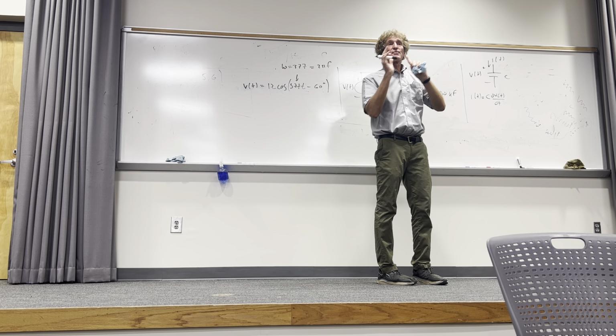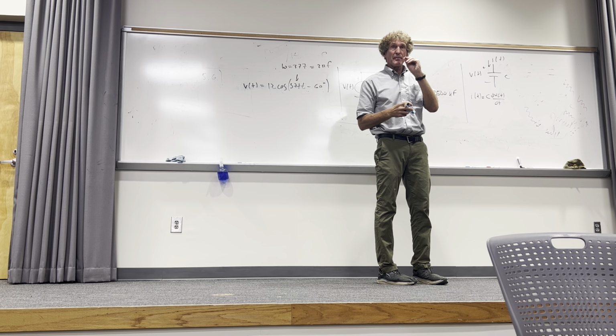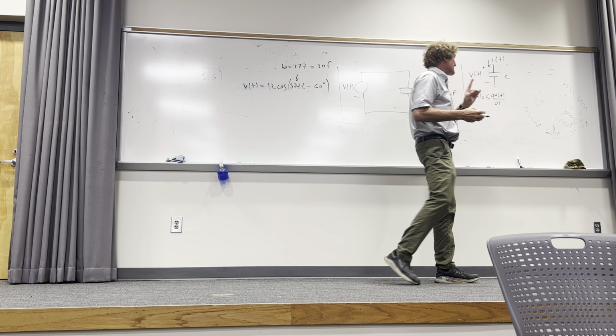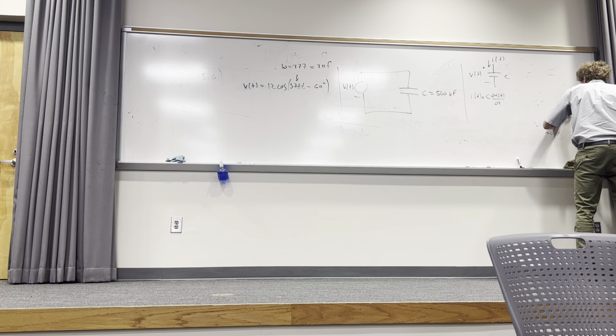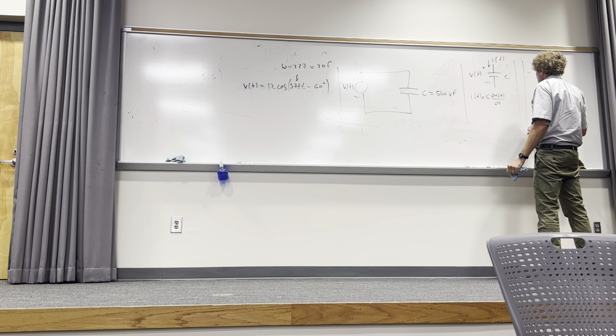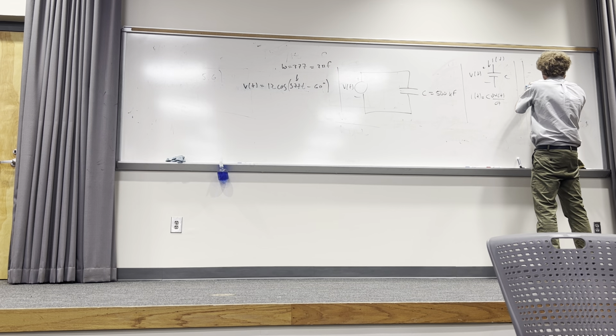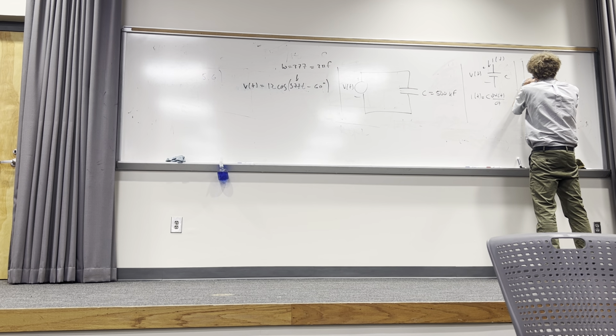When you go to the frequency domain, everything is varying as e to the j omega t. Do you all hear me on this? Because of that, we're going to solve this whole problem in the frequency domain. I of t becomes I phasor.